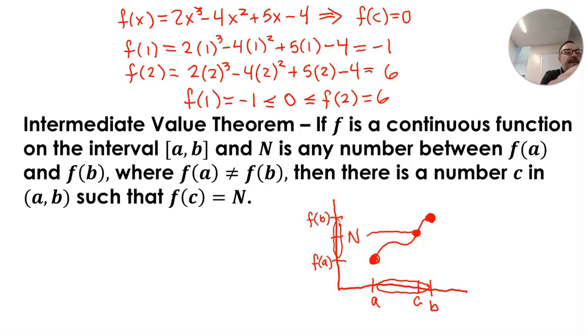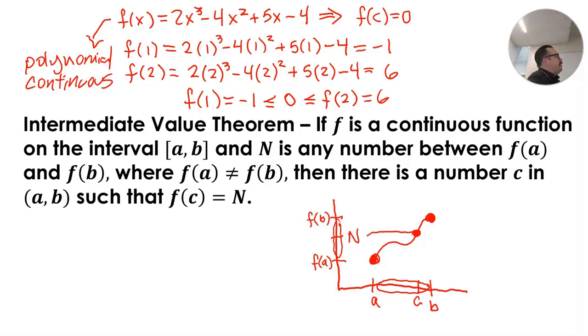And just one last thing to note here, our f of x, that's a polynomial, which is continuous everywhere. So let's check out this intermediate value theorem. If f is a continuous function, okay, it is. It's a polynomial. It is continuous everywhere, so it's definitely continuous from 1 to 2.